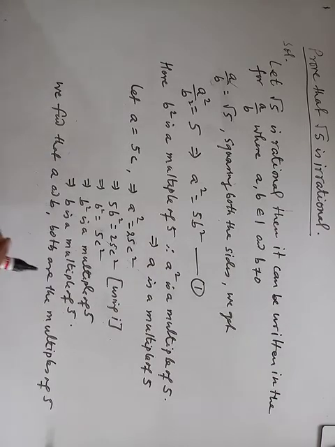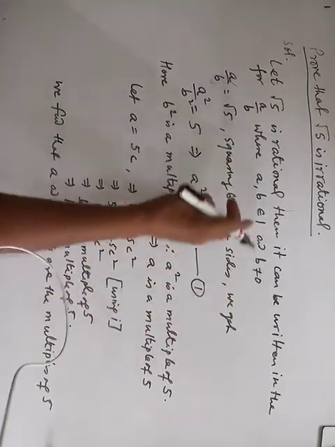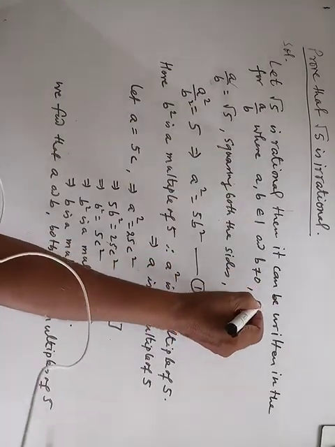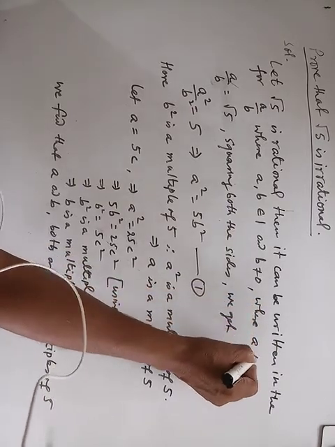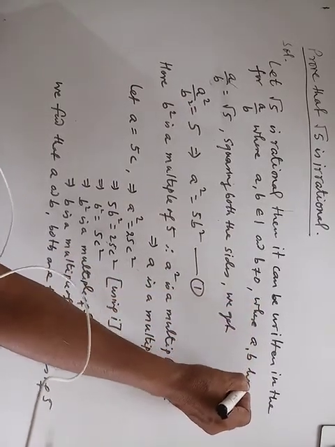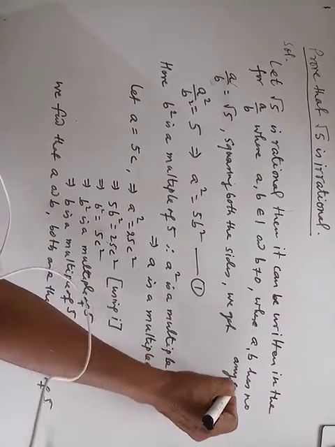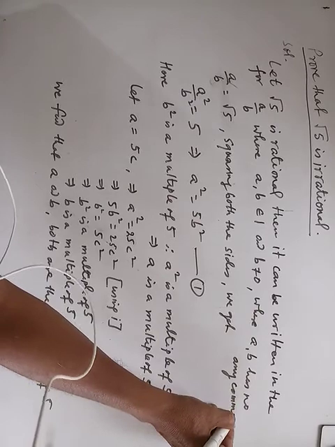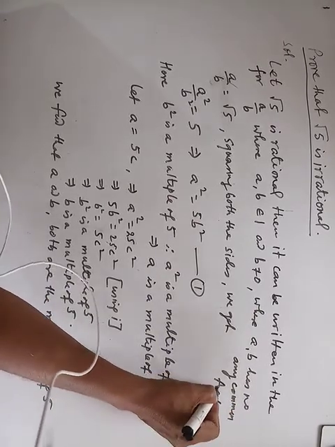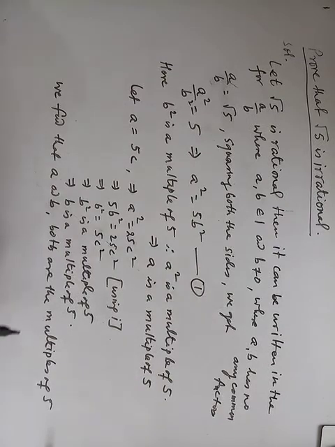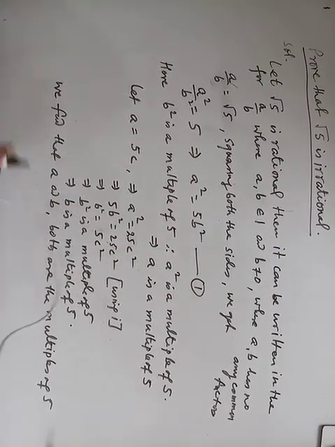Here you can see it was written that a and b have no common factors. But now both are multiples of 5.